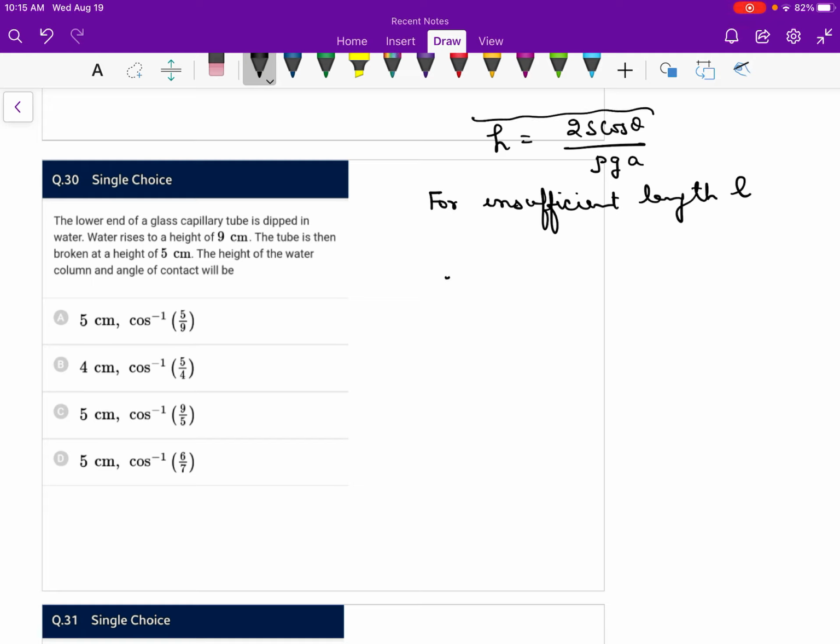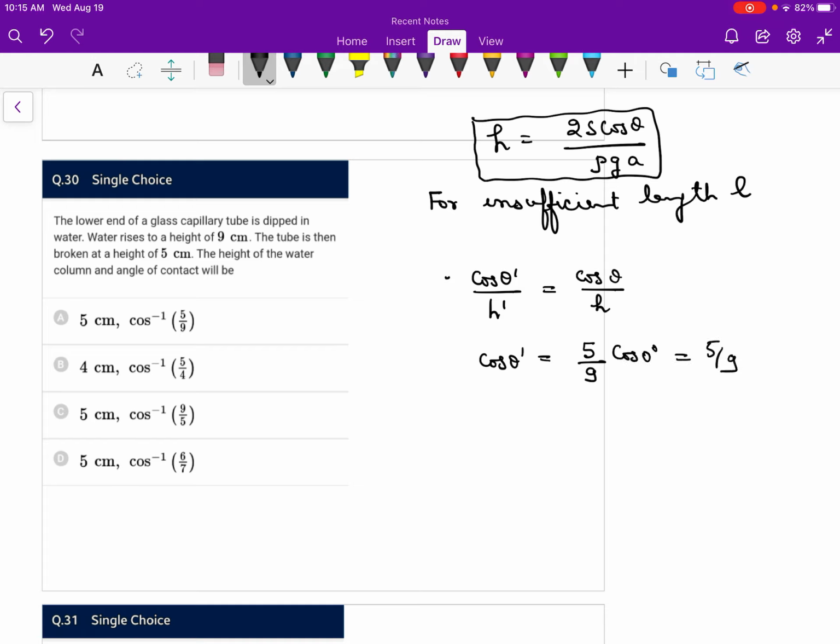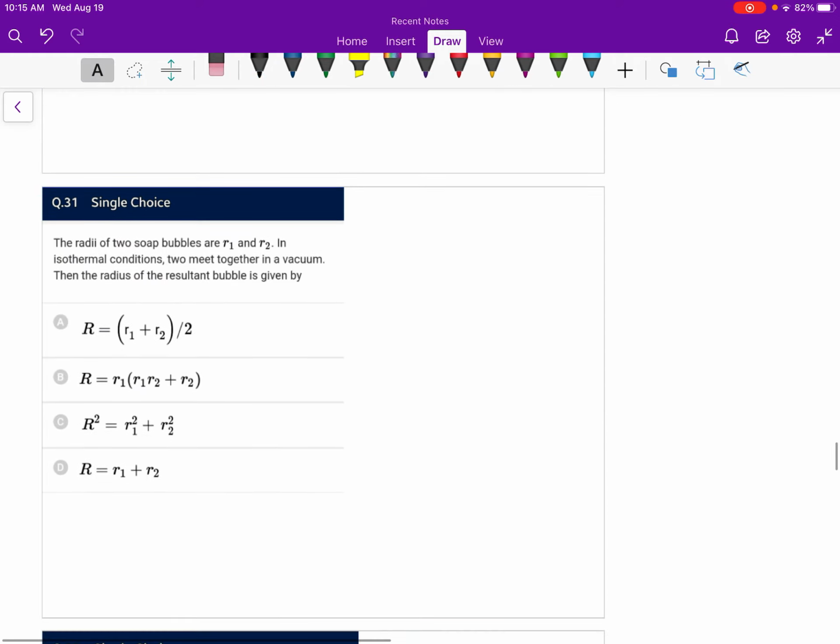So from the above expression, H equals 2S cos theta upon rho g r, we can write cos theta dash upon H dash is cos theta upon H. So cos theta dash is H dash 5, H is 9 and cos theta is 1. So this is 5 by 9. So cos inverse 5 by 9, and the length is 5 centimeter.